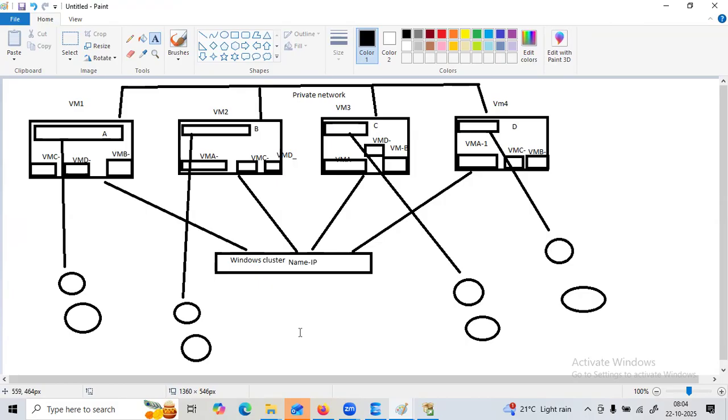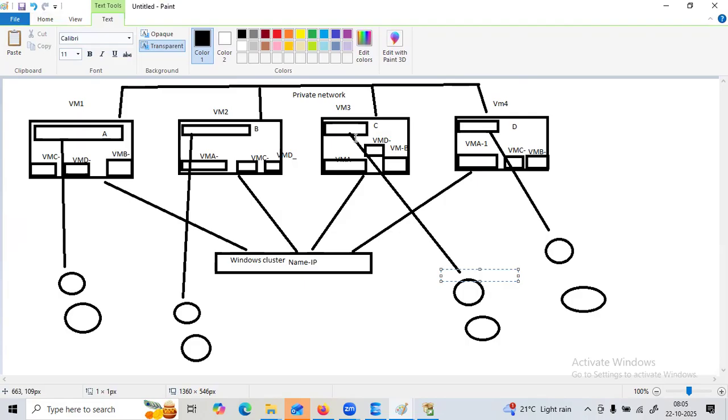What will it do? We kept our SQL server binaries, right? So here on VM1 we have a SQL instance, and the same thing, we just added the binaries on VM3 as well as VM4. So in this scenario, what will happen? Our SQL server is up and running here, but we lost the communication.